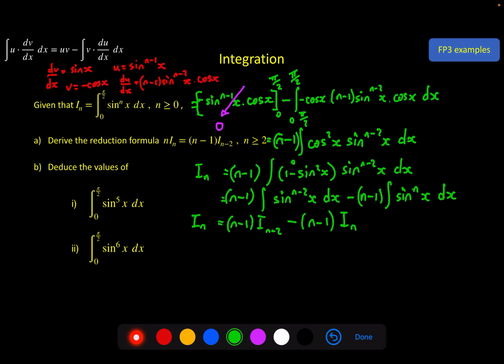And same as the previous example, we now need to manipulate this just to make it exactly in the format given in the question. So if I expand this second bracket out, you can see that the I_n's will cancel, and the minus I_n goes on the other side.